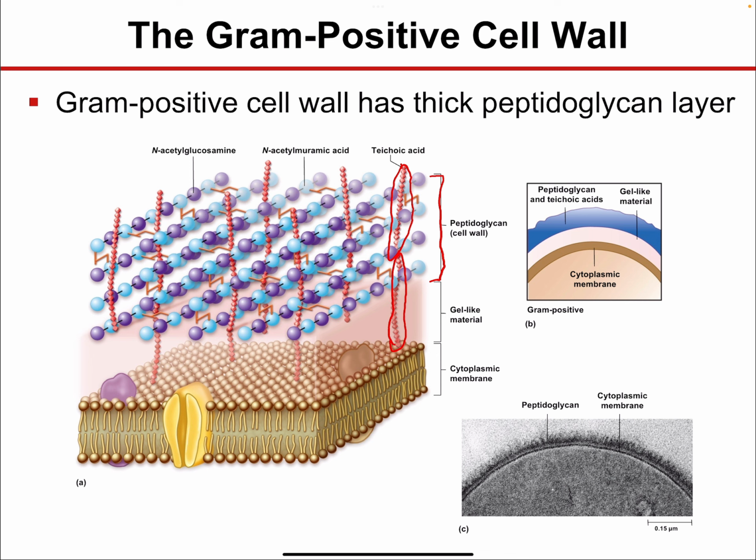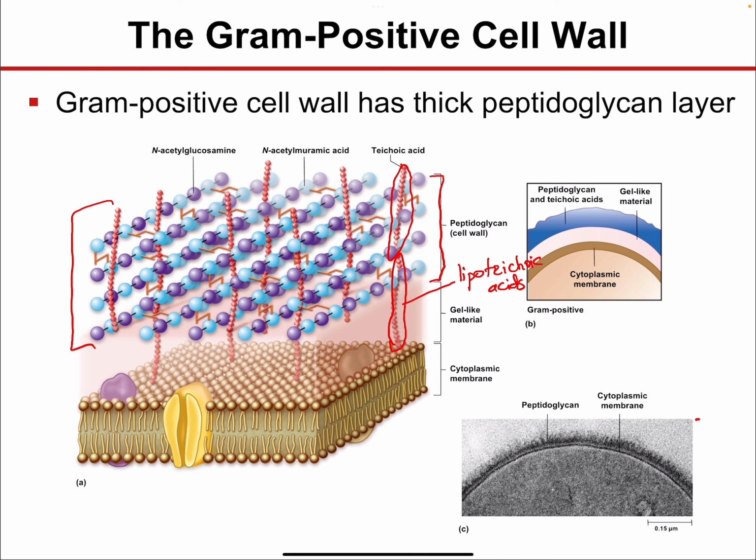And in this case, we call them lipoteichoic acids. Okay? So you have here the cell wall. Okay? So peptidoglycan plus teichoic acids, and you see that the peptidoglycan here is a thick peptidoglycan.